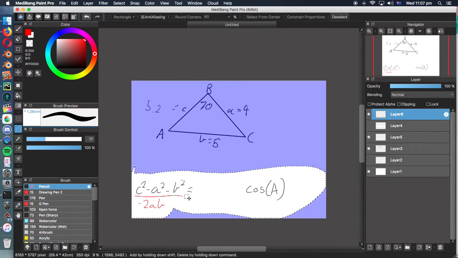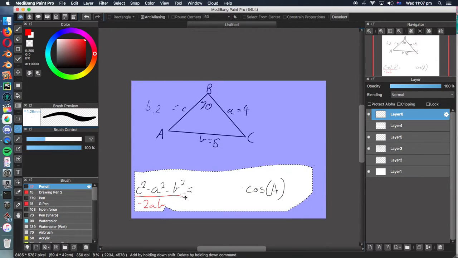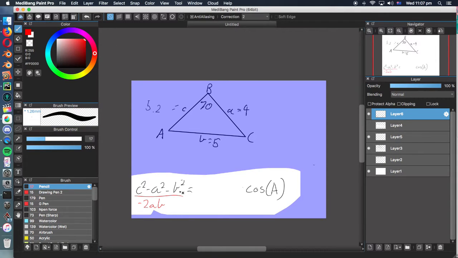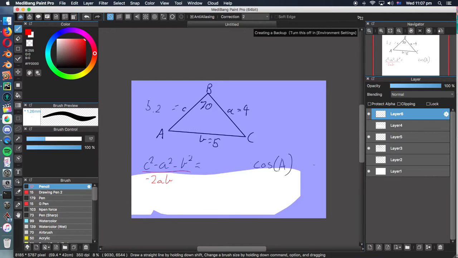Command T. So that's text. There we go. Press OK.